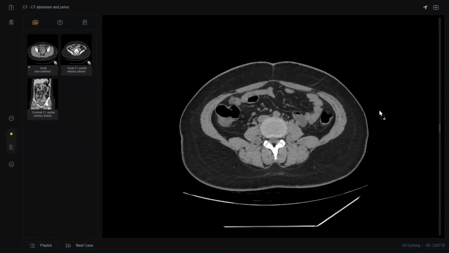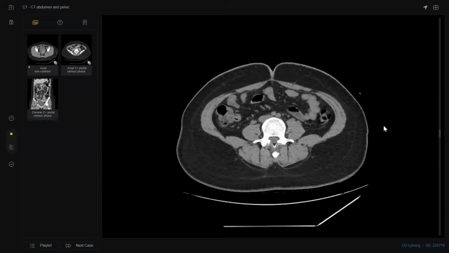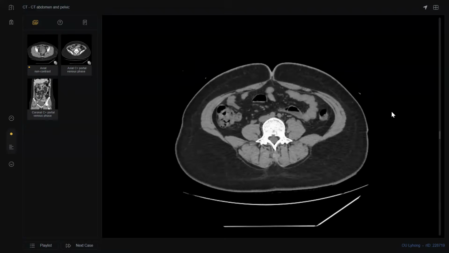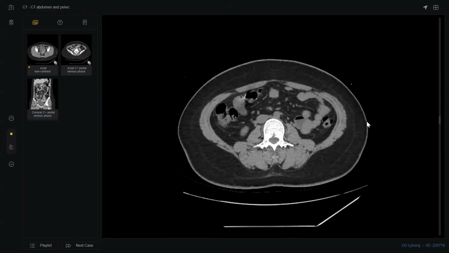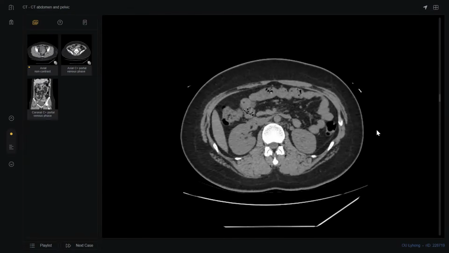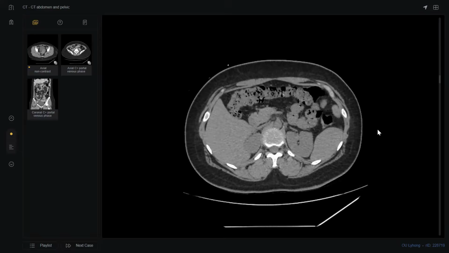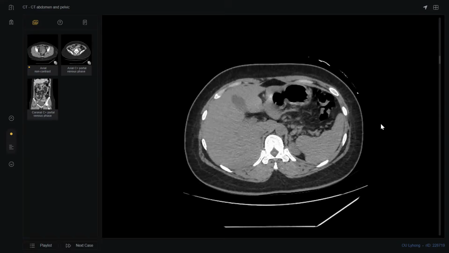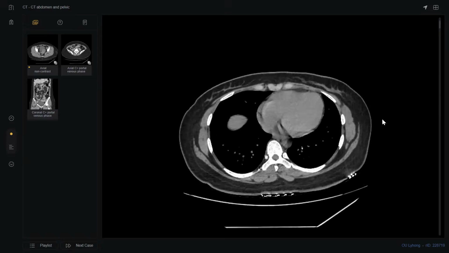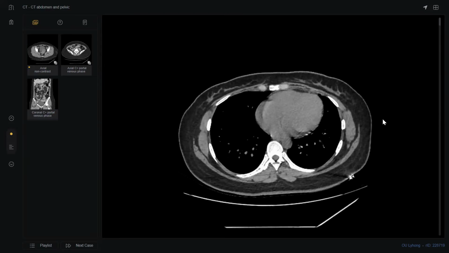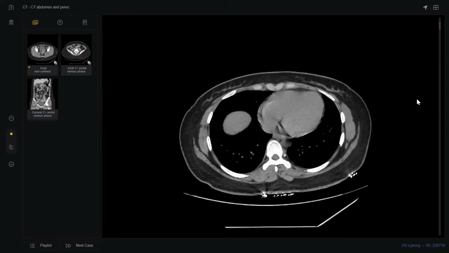I'd like to first scroll through the whole images before commenting. Coming back to the pathology.